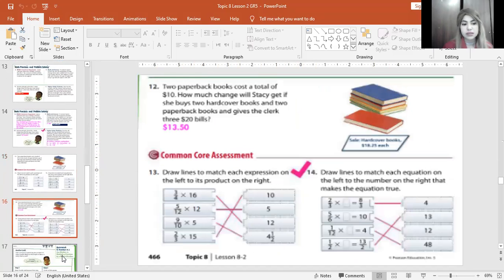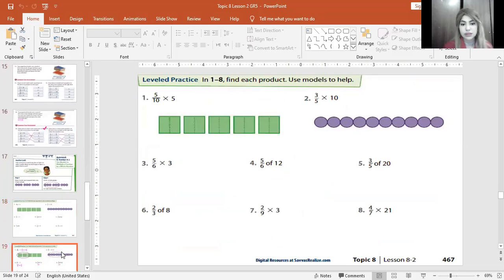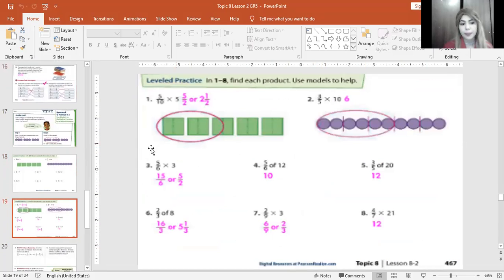And these are the answers to the questions that we have taken. And today, I want you to solve this and send it to me. Of course, here he's telling me 5 out of 10 multiplied by 5. It will be 5/2. I want you to solve it.